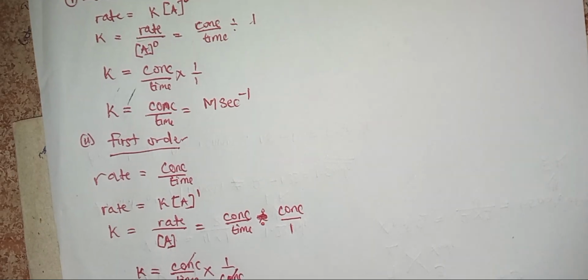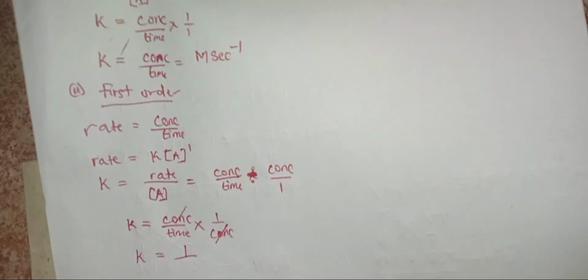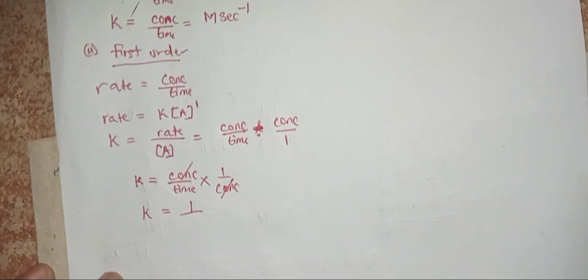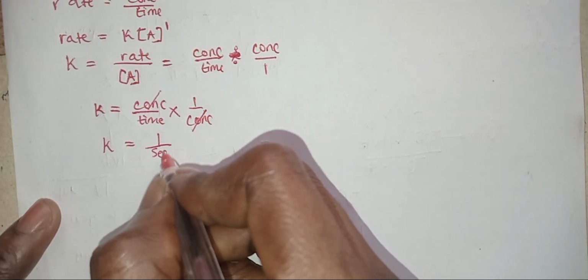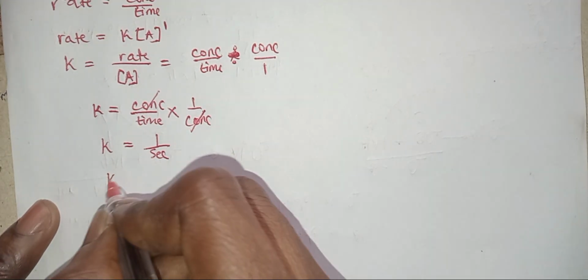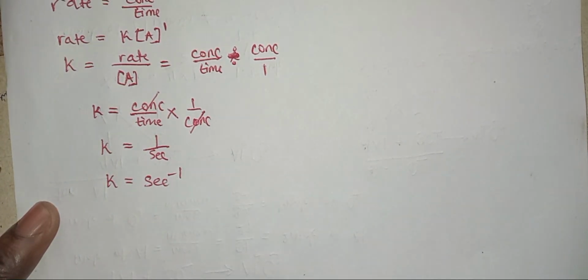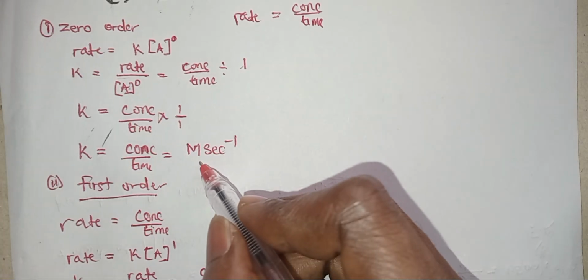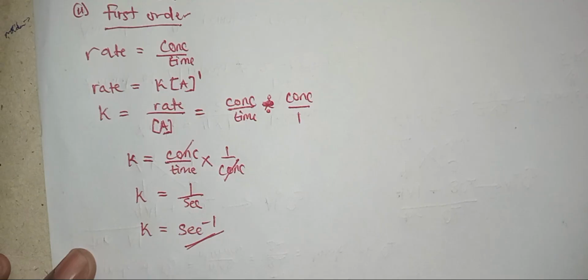So K will be equal to 1 upon time, which is second. So at the end of the day, our K for the first order of reaction is going to be per second. The first one, for the zero order, is molar per second. So for the first order it is per second.